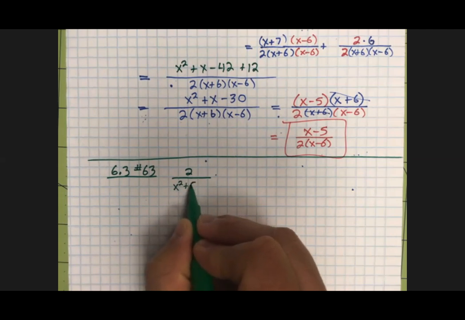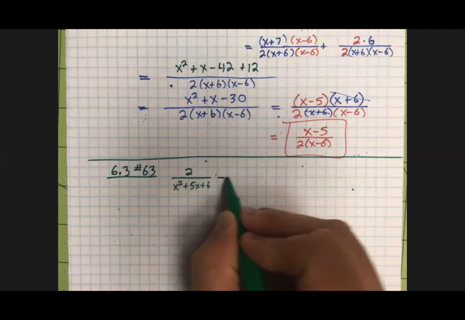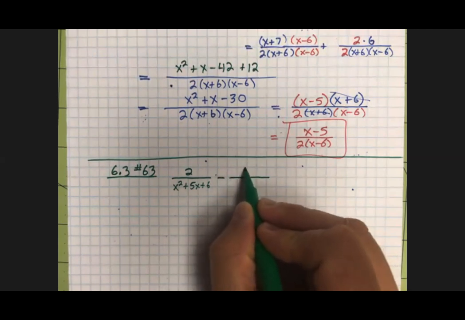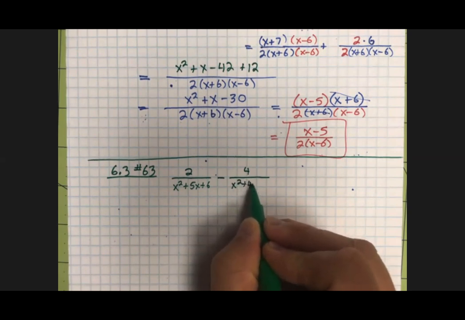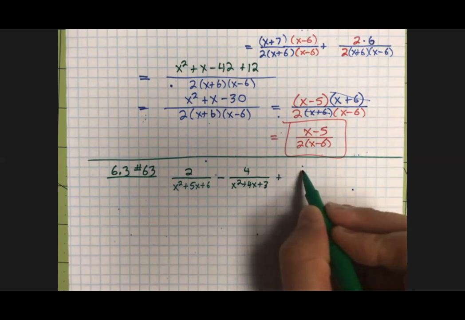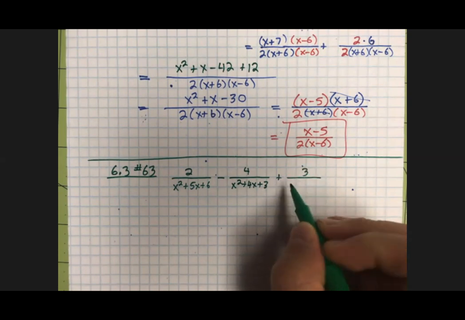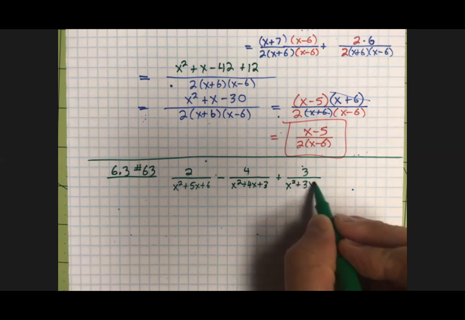X squared plus 5x plus 6. Subtract 4, x squared plus 4x plus 3. Add 3, x squared plus 3x plus 2.